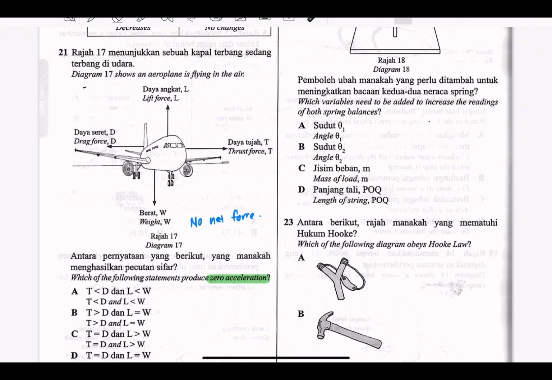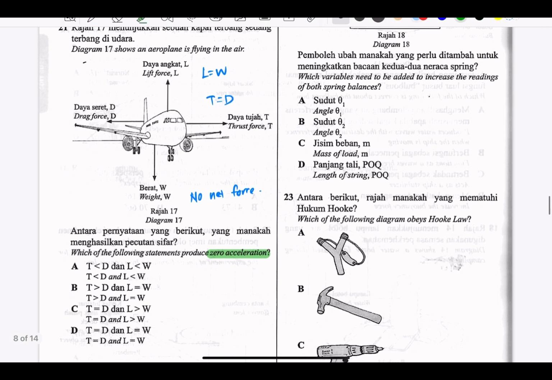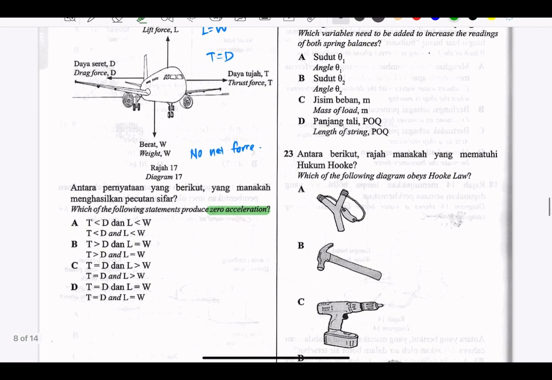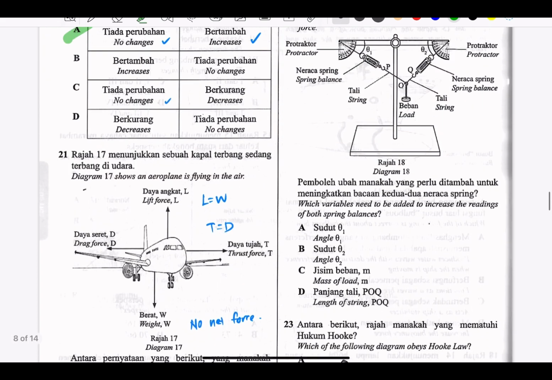The lift and the weight must be equal, so that the thrust and the drag must be equal also.